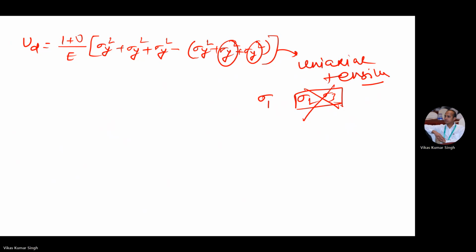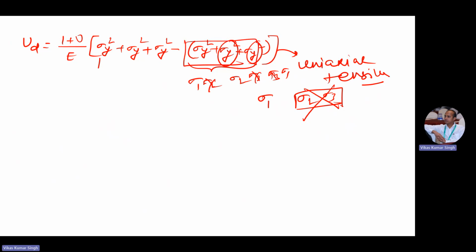Only sigma 1 will be there, sigma 2 and sigma 3 will be 0. Here it was sigma 1 sigma 2, sigma 2 sigma 3, sigma 3 sigma 1, so these will be 0, and this whole term will become 0.